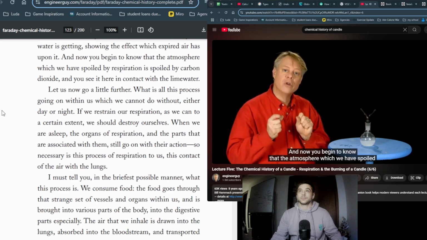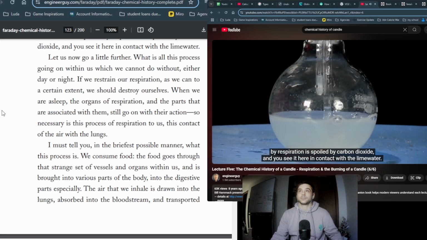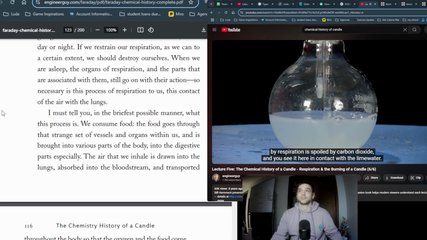And now you begin to know that the atmosphere, which we have spoiled by respiration, is spoiled by carbon dioxide, and you see it here in contact with the lime water.